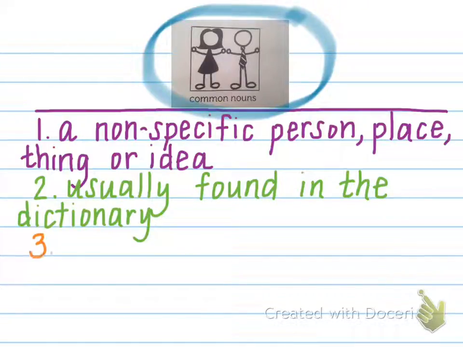And thirdly, common nouns don't begin with a capital letter.